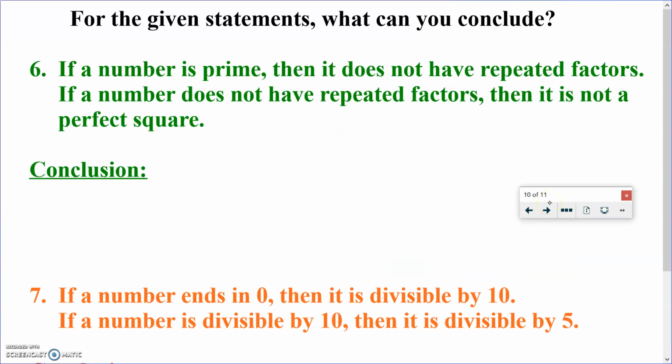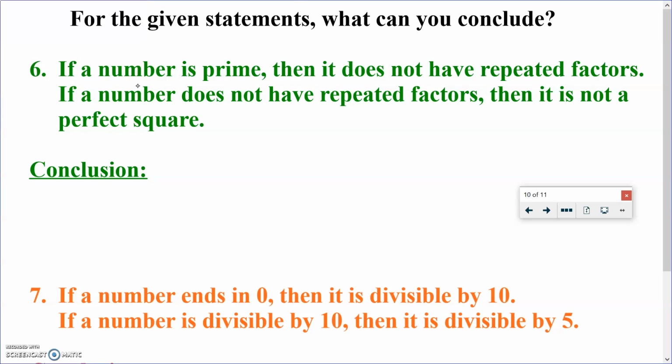Okay, so then we're going to use that here. And so I actually like to just cross out the first conclusion and the second hypothesis, if they're the same. So if a number is prime, then it does not have repeated factors. If a number does not have repeated factors, then it is not a perfect square.